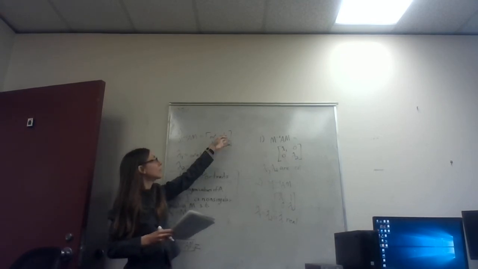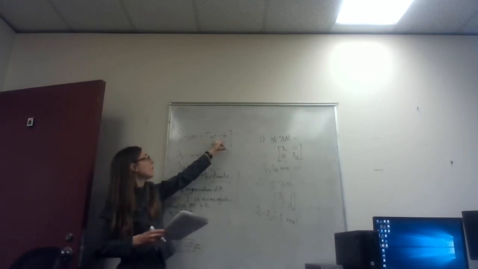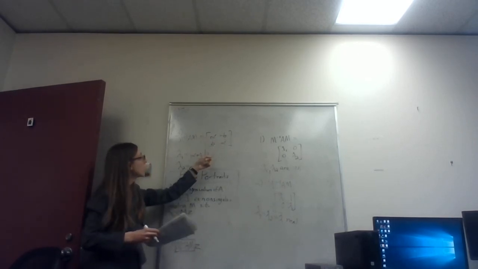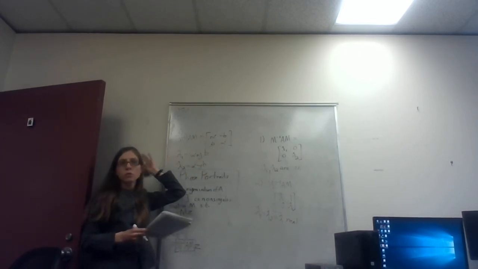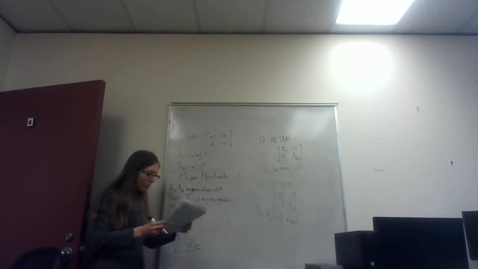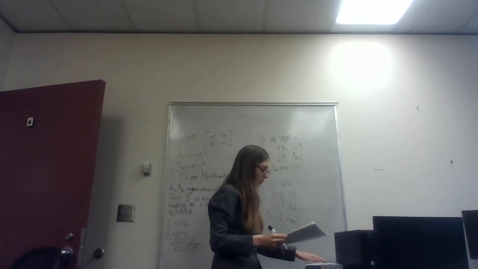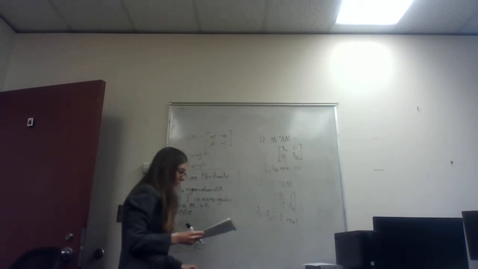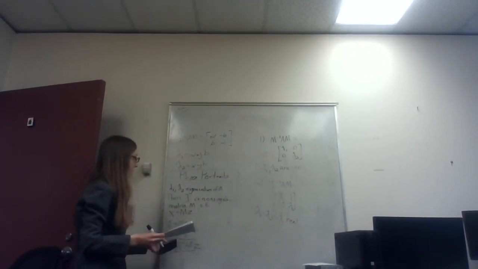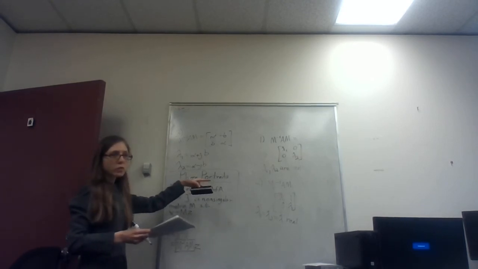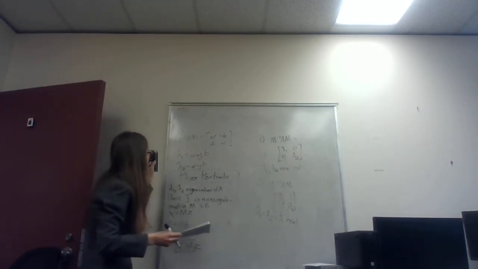Now all the entries in this matrix are real, but they're components of complex eigenvalues. So these are the main forms that can happen. For each of these, there are specific ways that the, we call these phase portraits, would turn out.